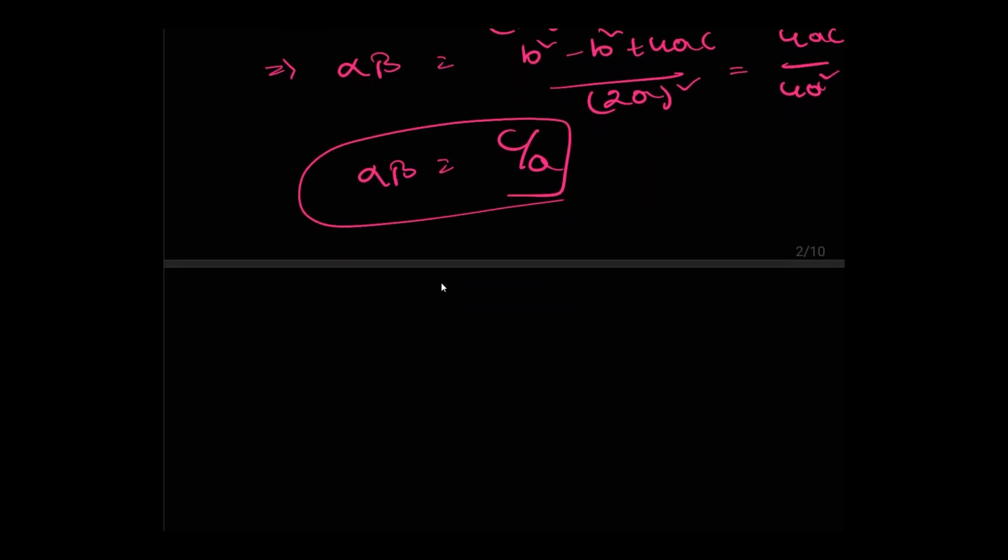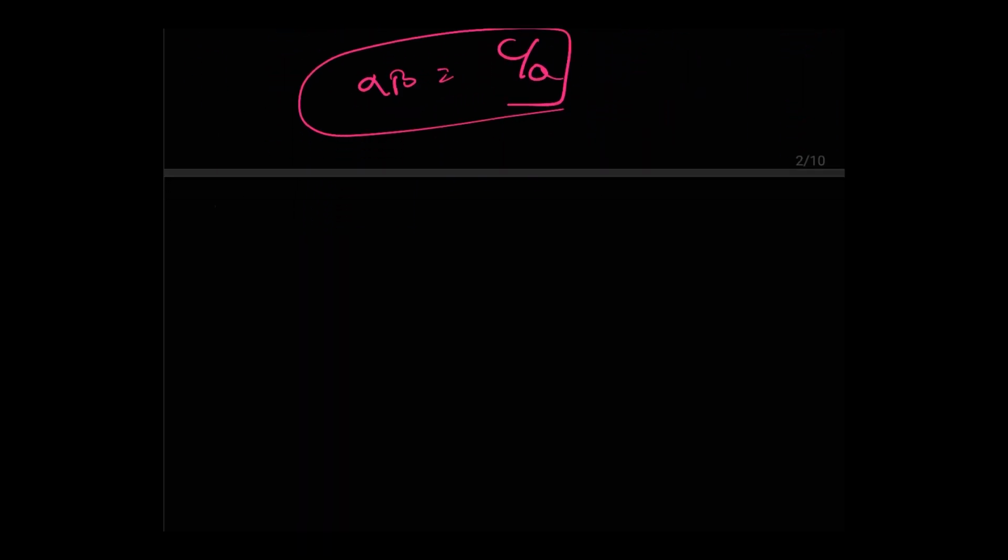There is a special case where we take Pn as alpha power n plus beta power n.